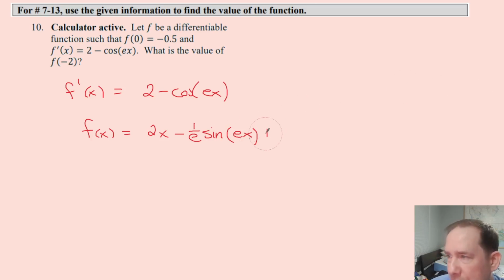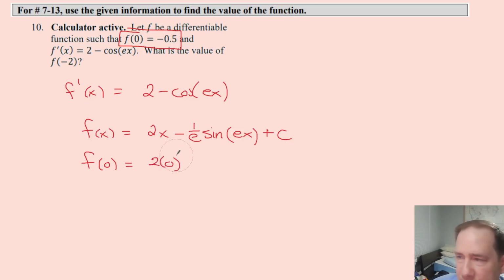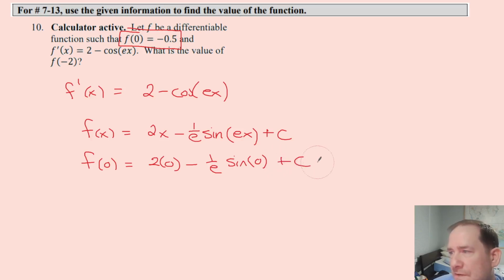And again, that means that this is our general antiderivative. We can get to our specific antiderivative by finding the value of c that makes everything work. And they gave us what I think is going to be a fairly easy one, since they told us that f of 0 was negative 0.5. That means 2 times 0, that whole term goes away, minus 1 over e times the sine of 0 plus c.